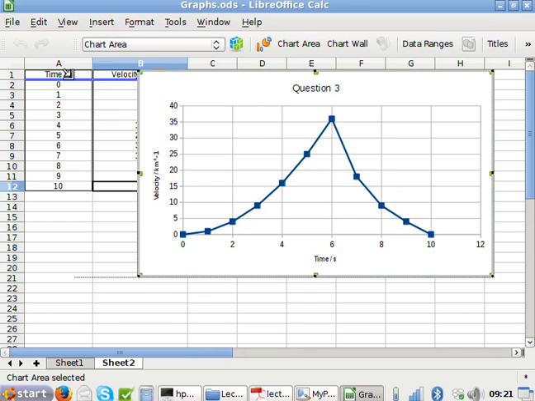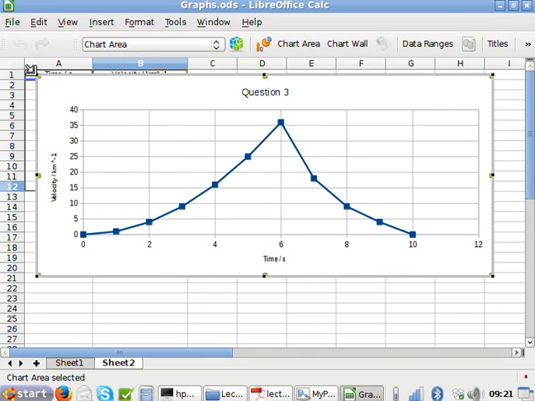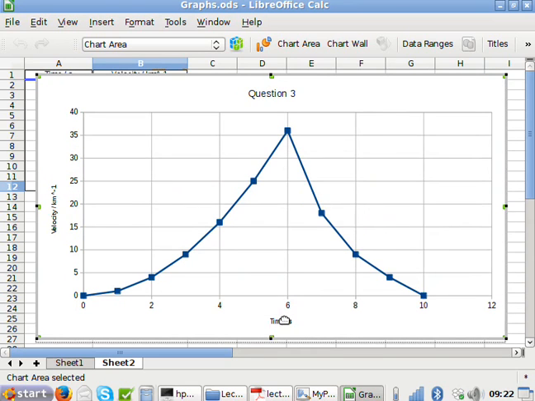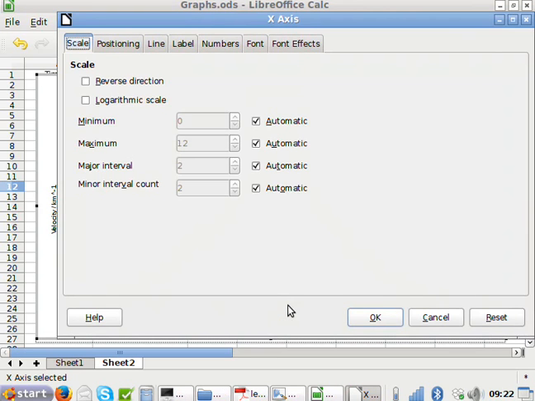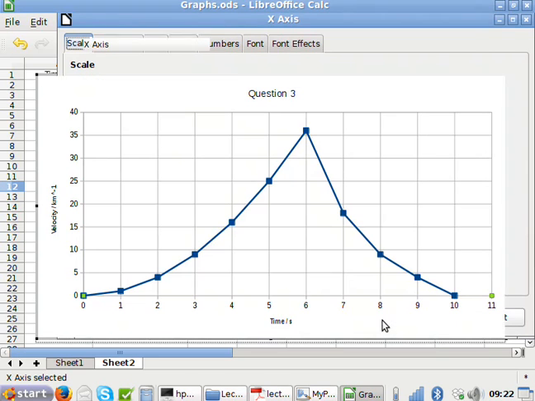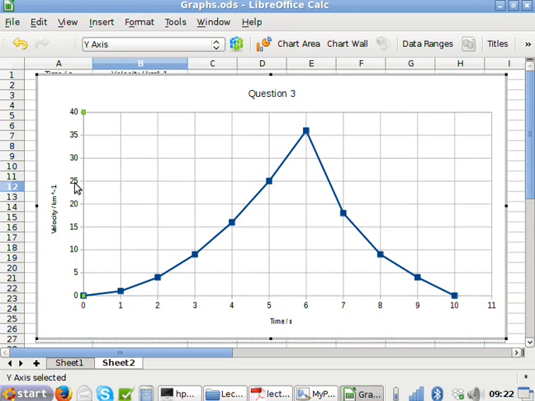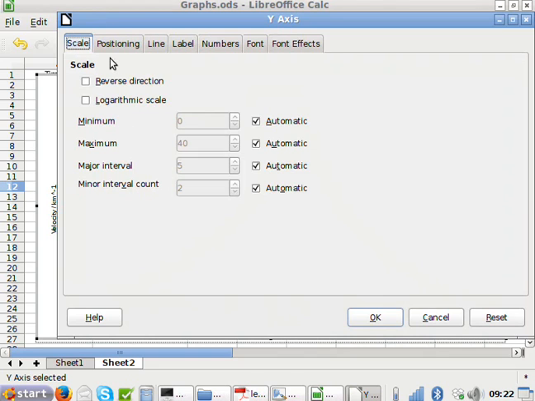What are the times? 0 to 10 again. Okay, and the velocities? 0, 1, 4, 9, 16, 25, 36, 18, 9, 40. Like this? Yeah. Okay. Chart.